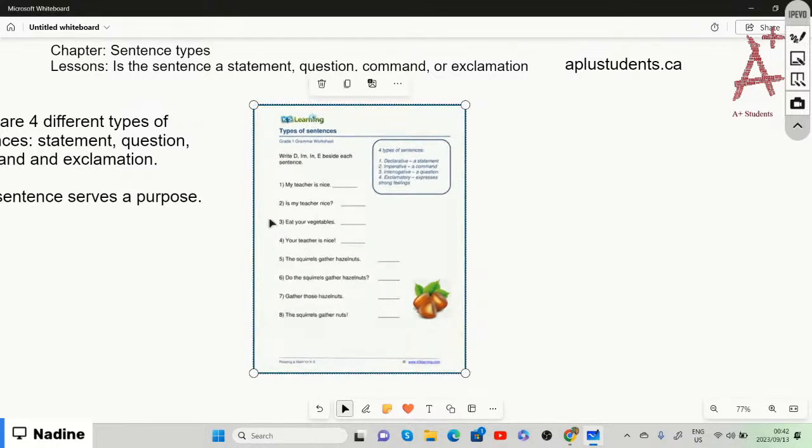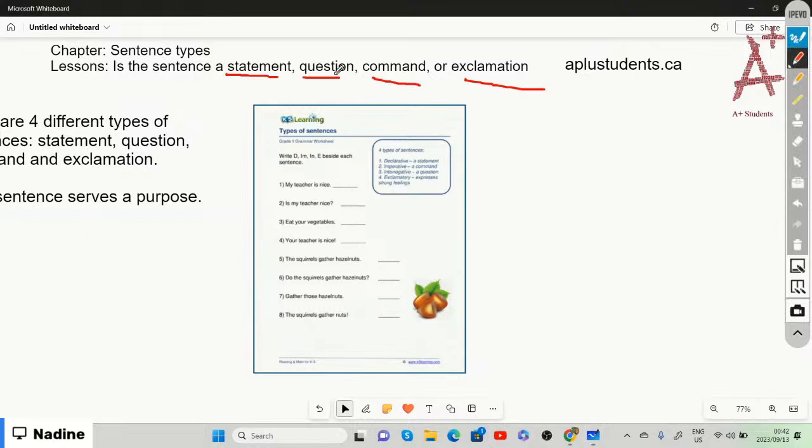And then we are going to say if it is a statement, a question, a command, or an exclamation.